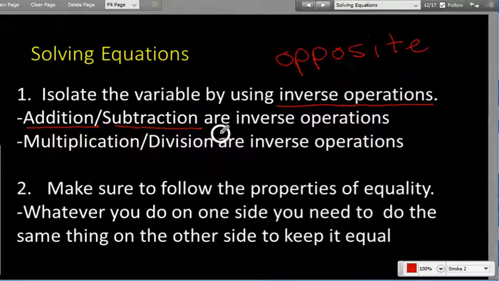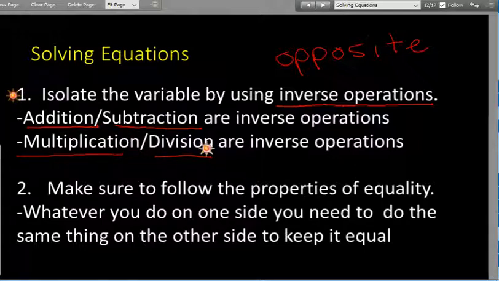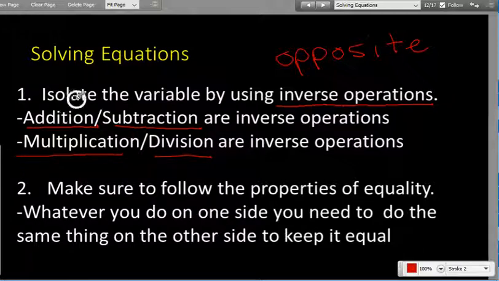So addition and subtraction, those are inverse operations. And multiplication and division are inverse operations. Okay, so we're going to isolate the variable by using inverse operations. So basically what that means is we are going to get the variable all by itself.